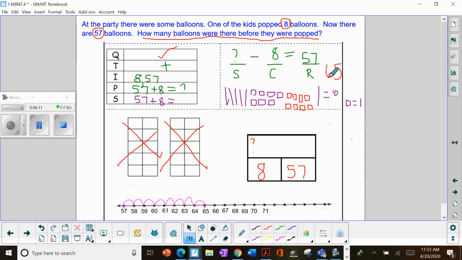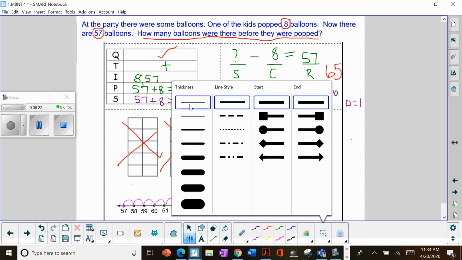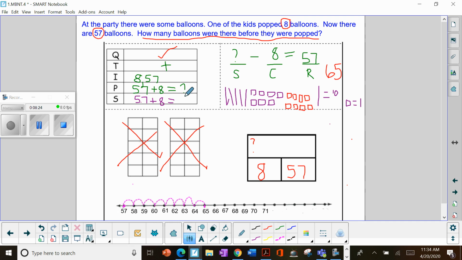So we got 65 this way, we got 65 this way. So I'm going to say that our answer is 65. So we need to write that in here. Okay.